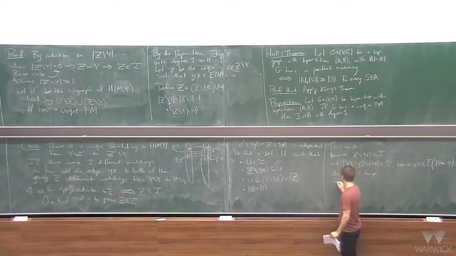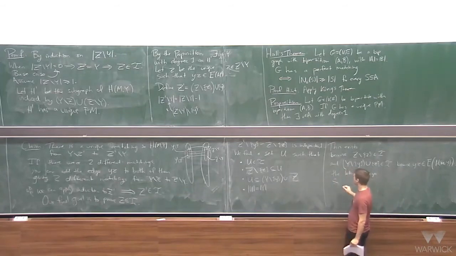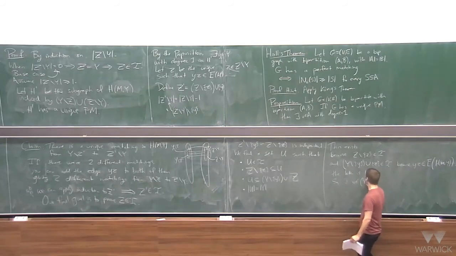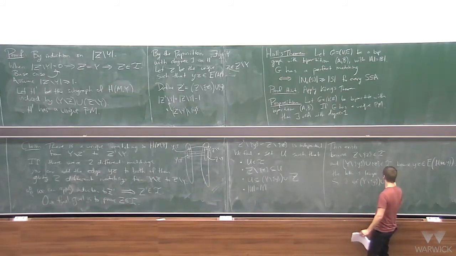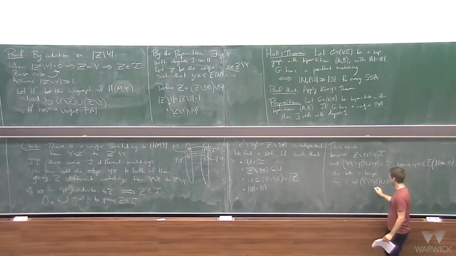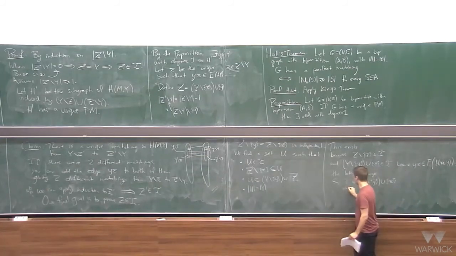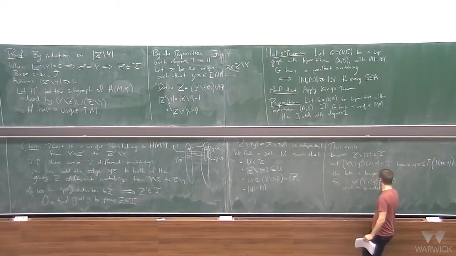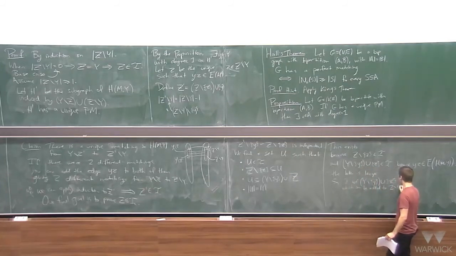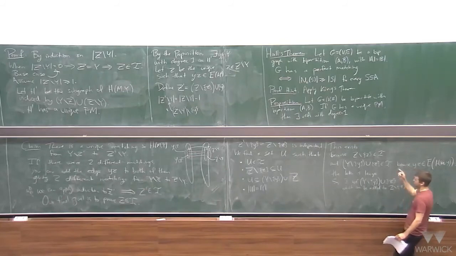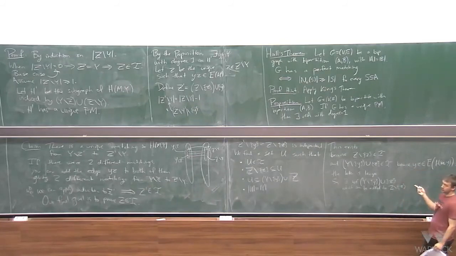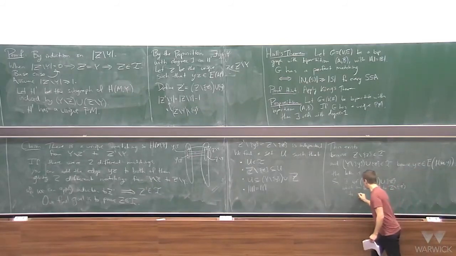So by the third matroid axiom, there exists some, say, w in Y minus y union little z, which can be added to Z minus little z to get another set which is independent, and that set is going to be U.